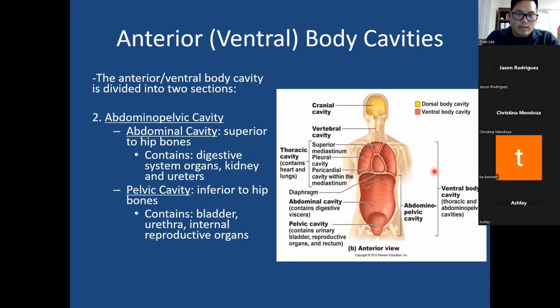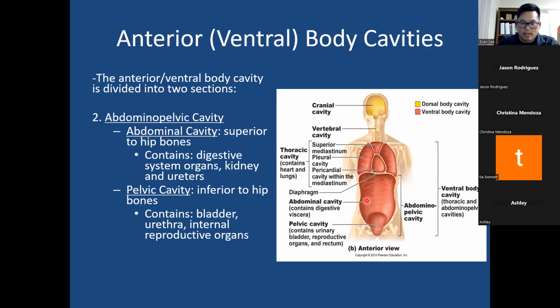And then also in the anterior body cavity, you have the abdominopelvic cavity, which is divided into abdominal and pelvic cavity. So abdominal cavity is going to start right below the rib cage going downward. That's going to be where you have your digestive system. So this right here is your abdominal cavity.